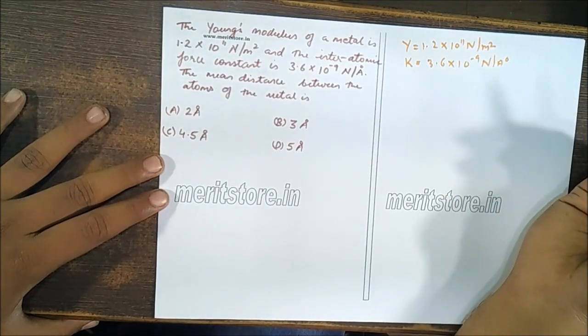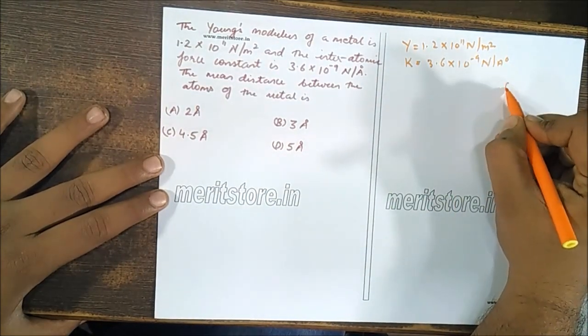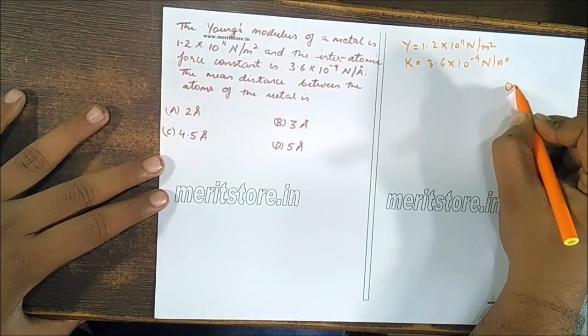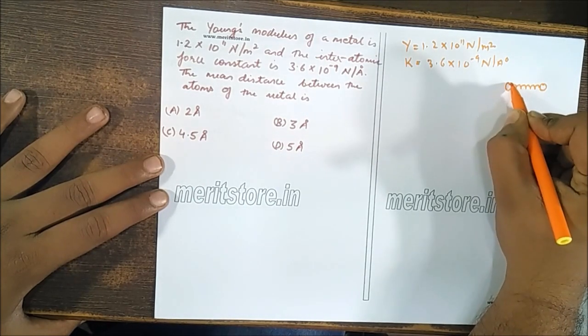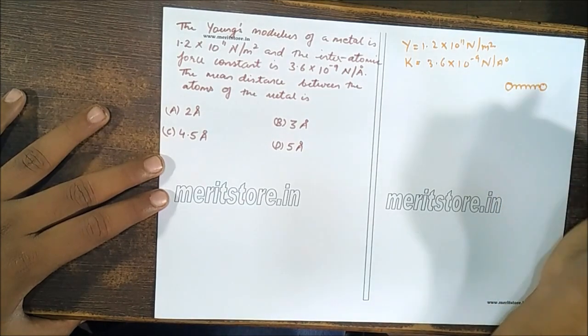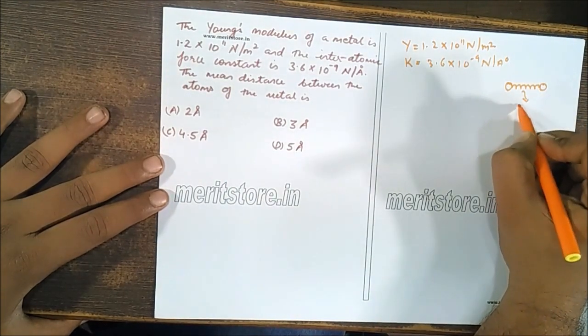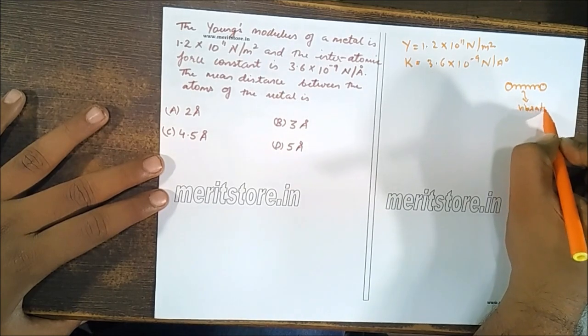Now, if you have no clue about interatomic force constant, when we do the chapter KTG and radiations, we come across a topic called degree of freedom, where we deal with vibrational degree of freedom.